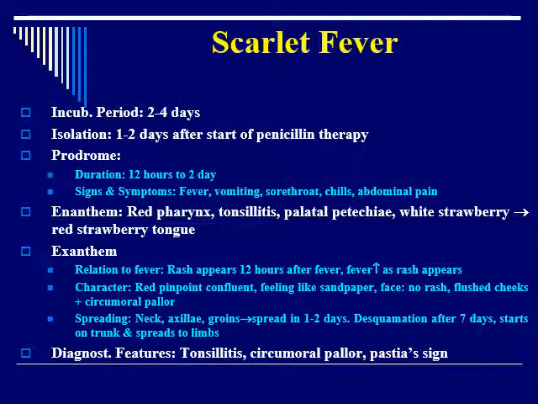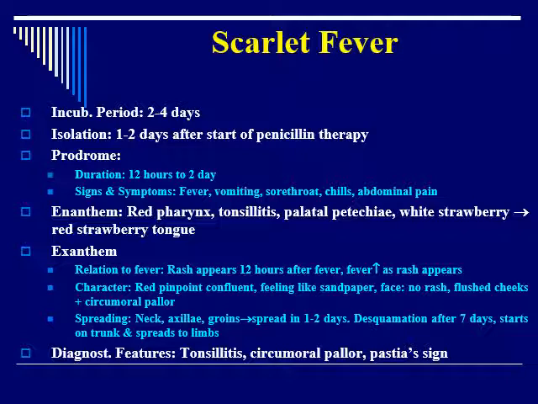Now we will start with scarlet fever. Scarlet fever is an exanthematous fever. The causative agent is group A beta hemolytic streptococci, strains producing erythrogenic toxins.